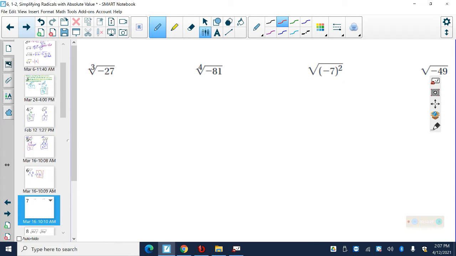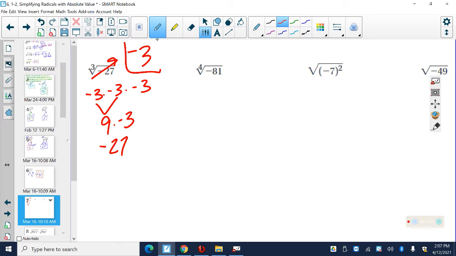This is the cube root of negative 27. Now, we did the cube root of negative 8, remember? What number multiplied by itself 3 times is negative 27? Well, we know it's not 2. So negative 3 times negative 3 times negative 3. This gives me 9 times negative 3, which gives me negative 27. So that means this comes out as negative 3 as my answer. Why is it negative 3?